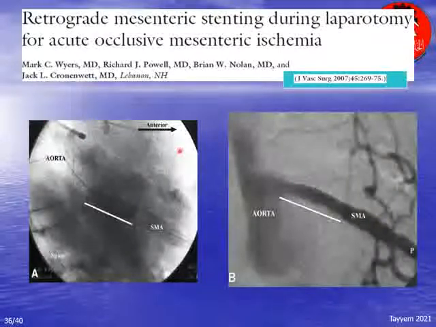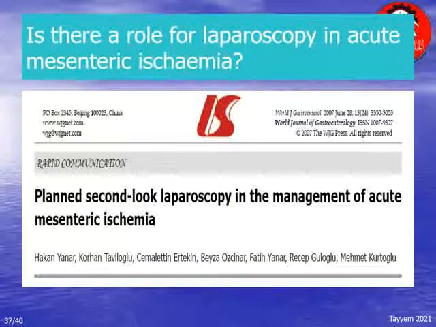One novel approach is to do retrograde mesenteric stenting during laparotomy to improve the vascularization and the circulation of the bowel. And in this article they were claiming that there is a benefit for doing laparoscopy in acute mesenteric ischemia.